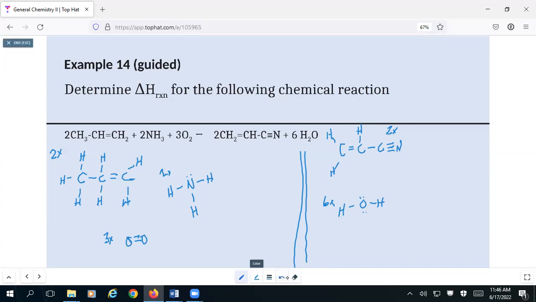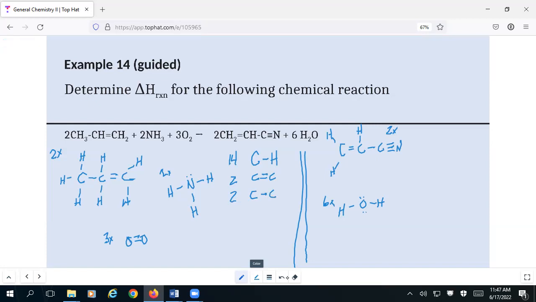I can see that in this molecule, I've got 1, 2, 3, 4, 5, 6, 7 carbon to hydrogen single bonds. Since there are 2 of them, I've got 14 in total. I also have 2 carbon to carbon double bonds and 2 carbon to carbon single bonds.